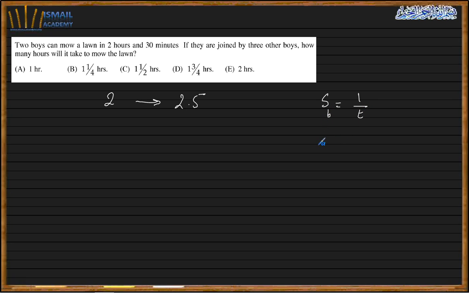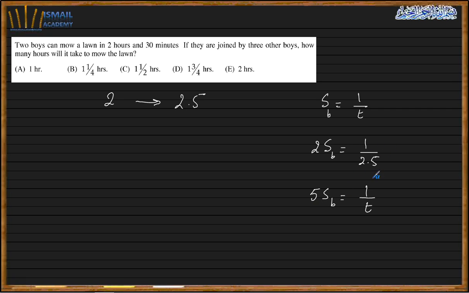We know that two boys have twice the speed, but we know that the time spent by two boys is 2.5. If I have 5 boys, that means 5 with the same speed will spend 1 over t. But we don't know how much time 5 boys spend, because here 3 boys join those 2 boys. That means I will have 5 boys.